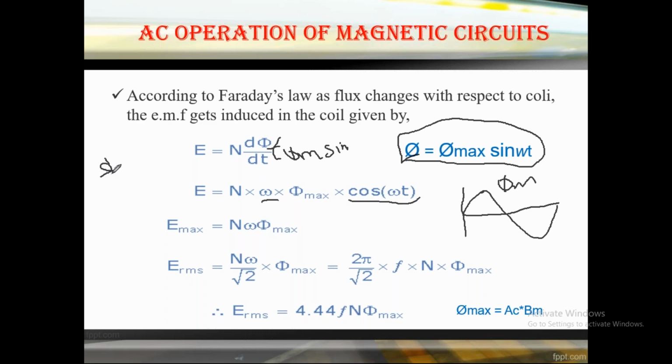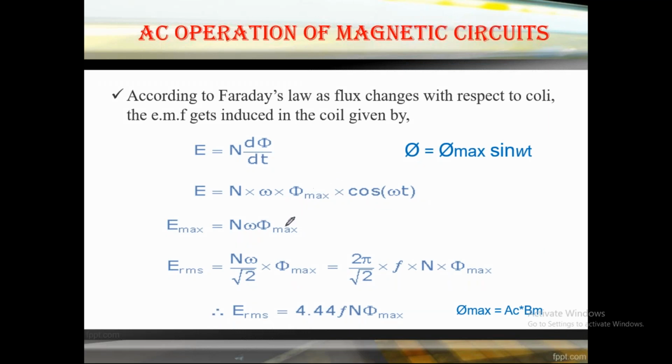Actually d by dx of sin xt is x into cos xt, so the x comes to the front, then cos comes. Similarly, differentiating φm sin ωt, φm becomes a constant and the differentiation of sin ωt is ω into cos ωt. From this value I can write E is equal to Emax cos ωt. So here Emax is these three terms, N, ω and φmax. Are you clear up to this?